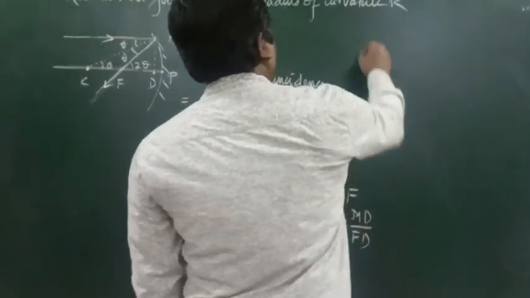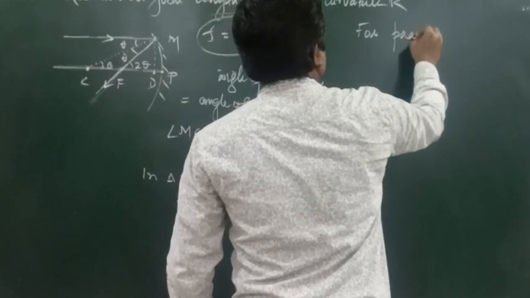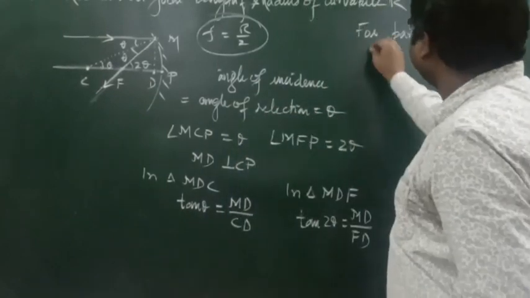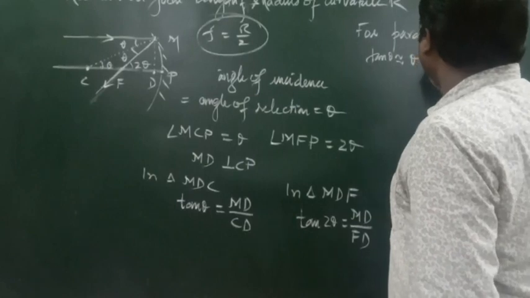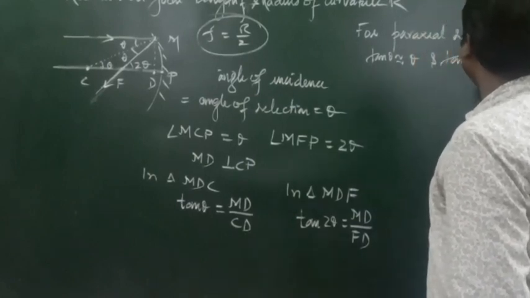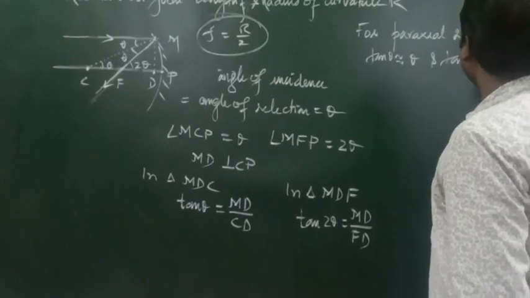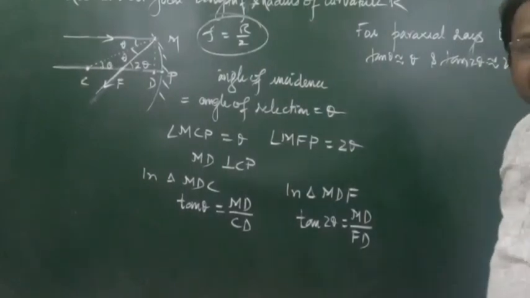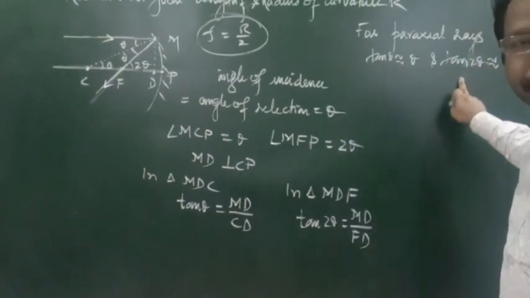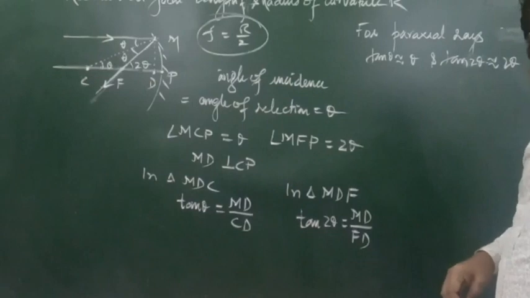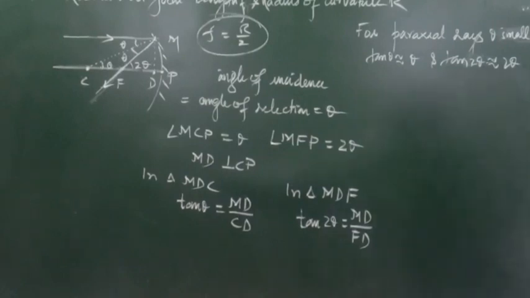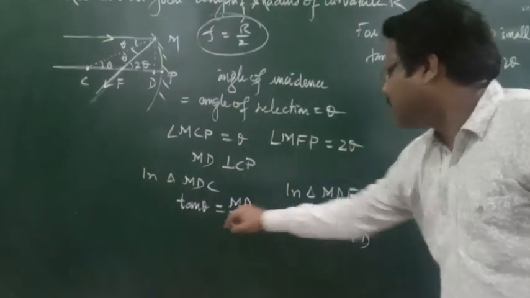So for paraxial rays, tan theta will be nearly equal to theta, and tan 2 theta will be nearly equal to 2 theta, because theta is very small.